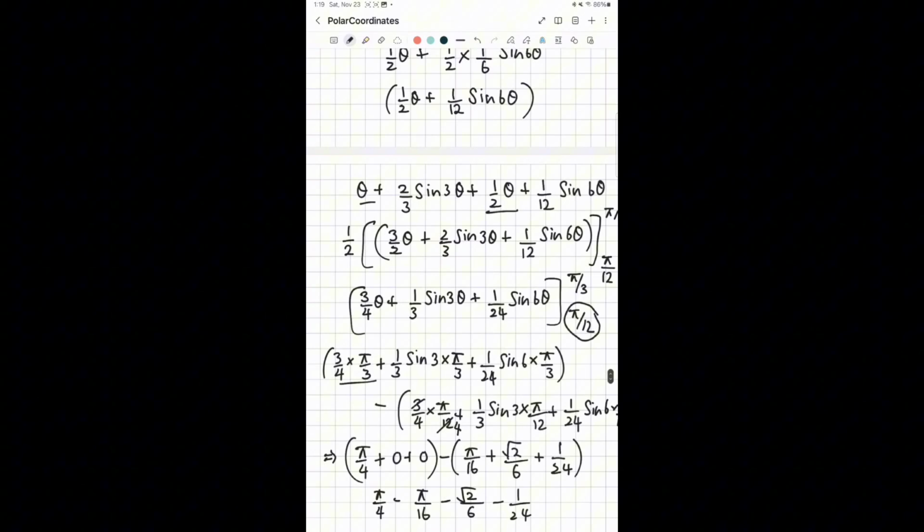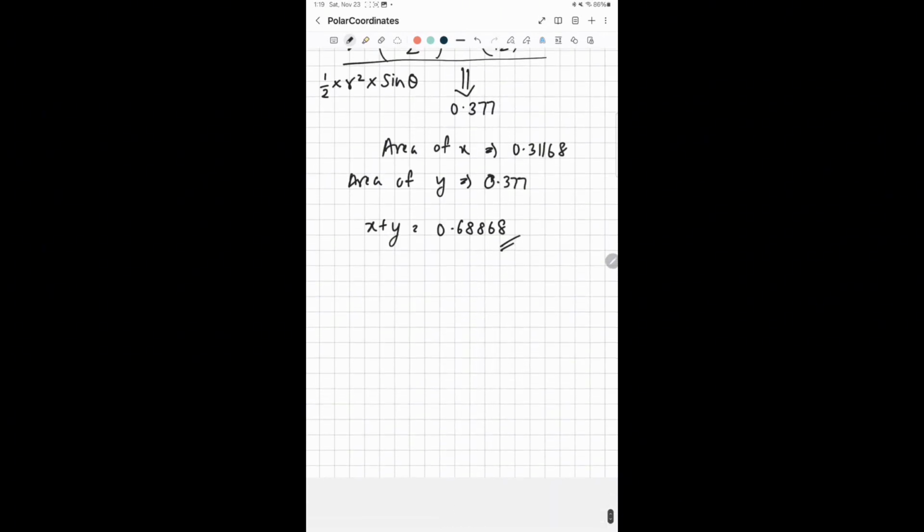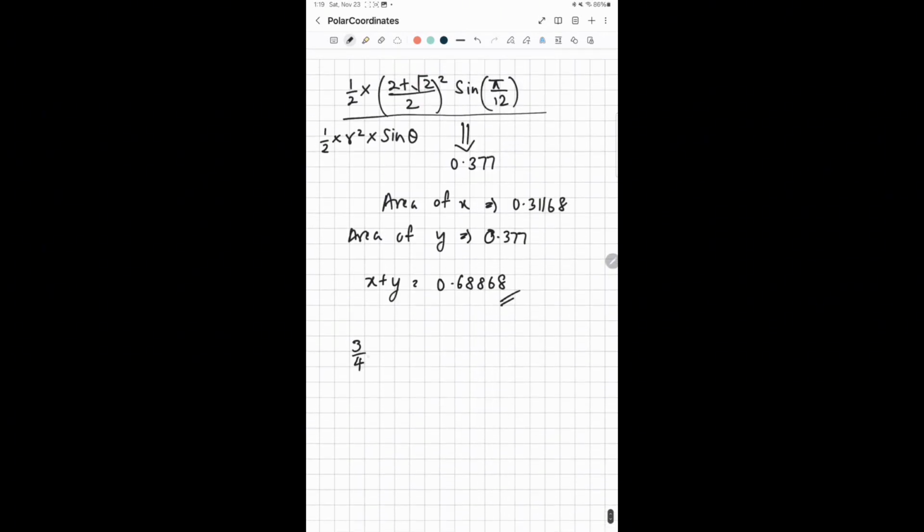We previously found the integration for the whole curve. You can use this straight away. We don't have to do it again. So you can use 3/4 theta plus 1/3 sine 3 theta plus 1/24 sine 6 theta. All we have to do is just change the intervals.